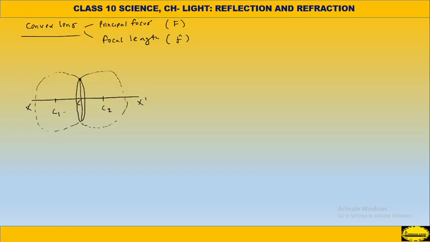Now the midpoint between C1 and the optical center C will be the principal focus F1. The midpoint between the optical center and C2 will be the principal focus F2.